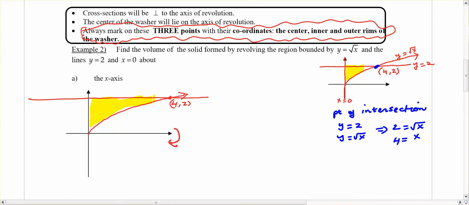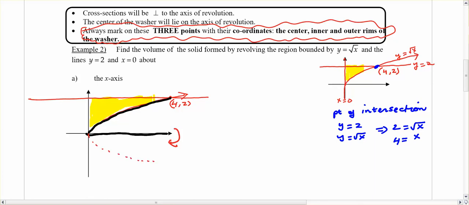It's going to be very similar, in fact, to the one above, because there's a gap between this curve and our axis of rotation. It's not flush up against it. When it rotates, there's going to be a space left in the middle. So how do I sketch my solid that I obtain when I do my rotation? Well, it's very similar to what we did with our disks.